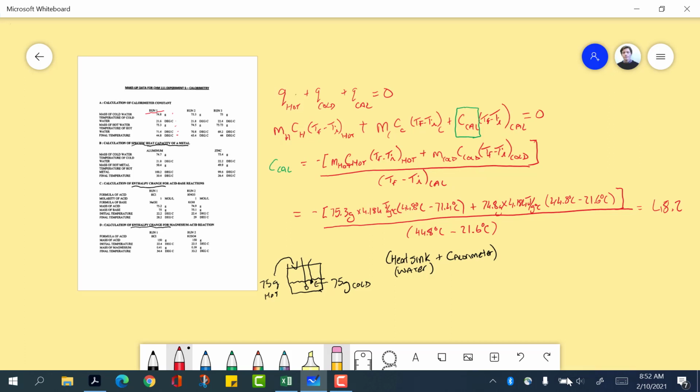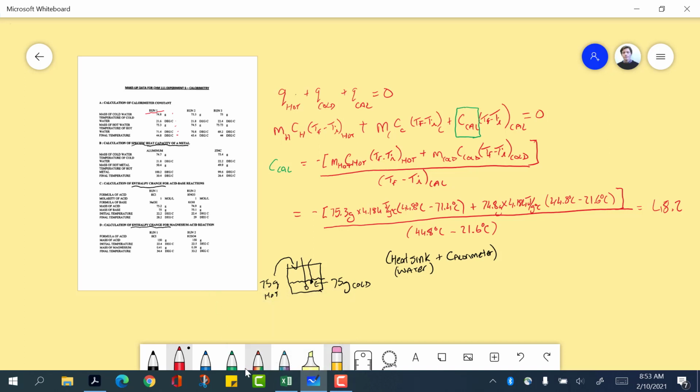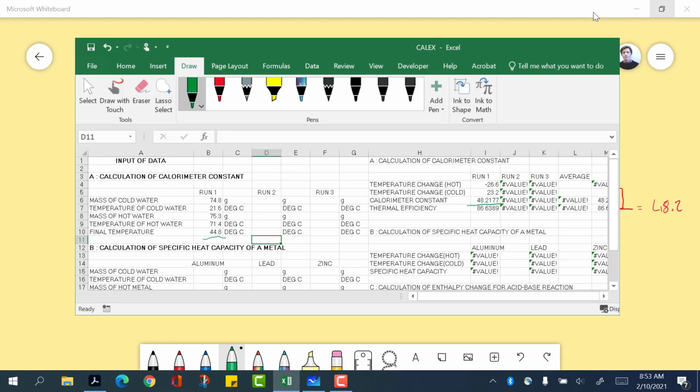And that's what we're doing there, because we're going to need this in parts B, C, and D. So if you are plugging in the information that they gave you into the spreadsheet, they would find your calorimeter constant. And they did the run 3 times so that you could get a good value for that calorimeter constant.